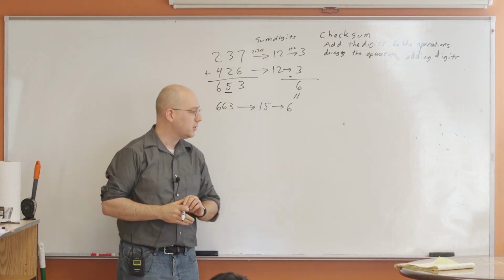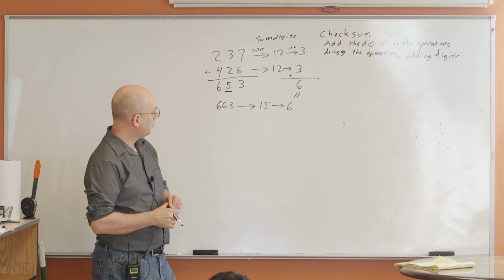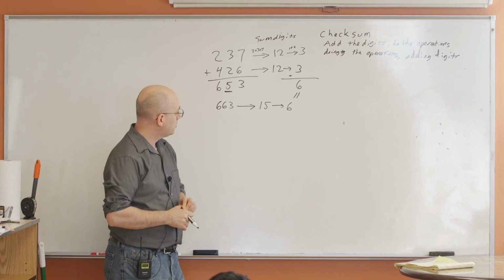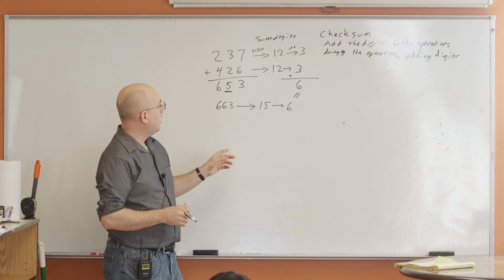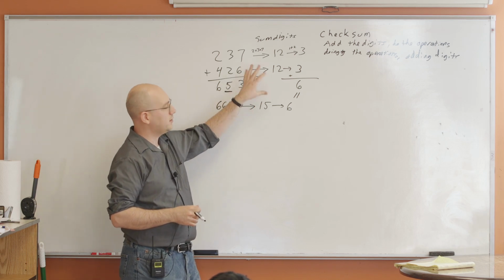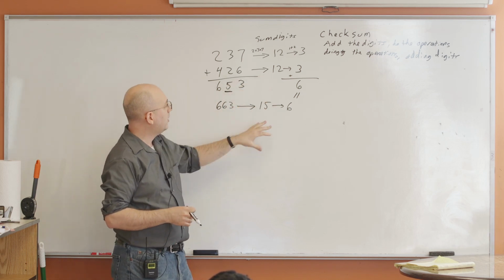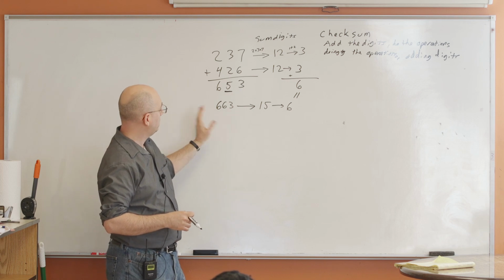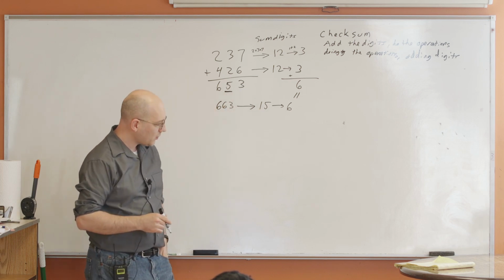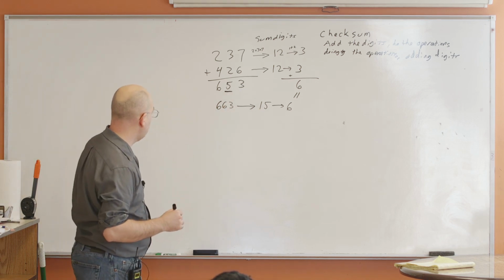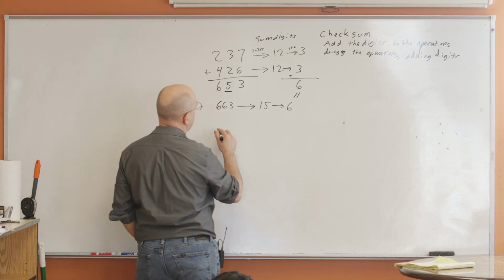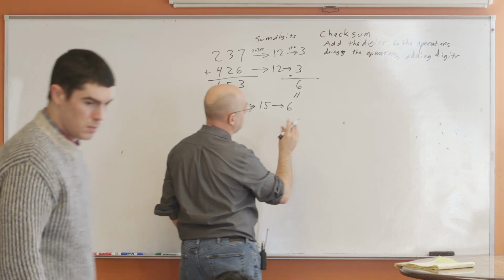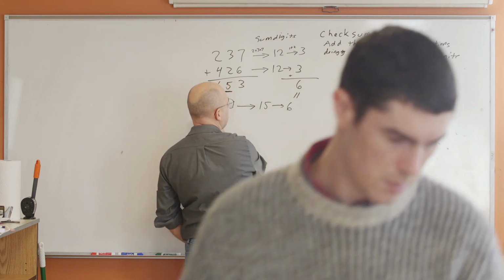It won't catch all of them. There's another technique that if you do both of them, will catch them both. And the actual technique has a little bit more black magic involved, but we'll just start with adding the digits. It works for the other operations, understood properly.